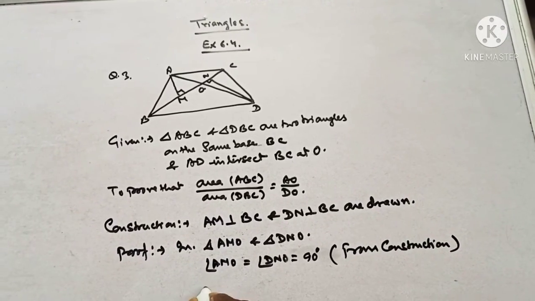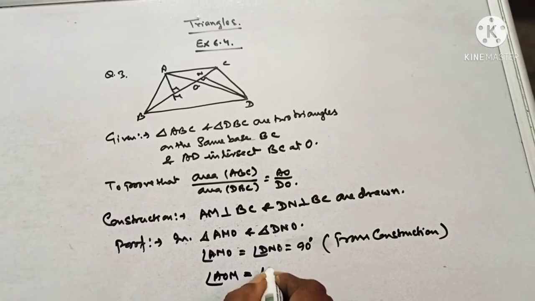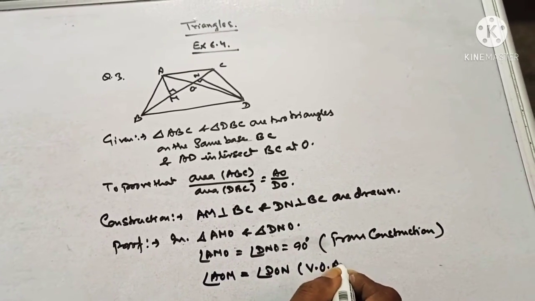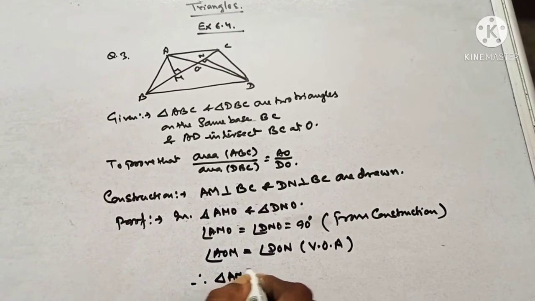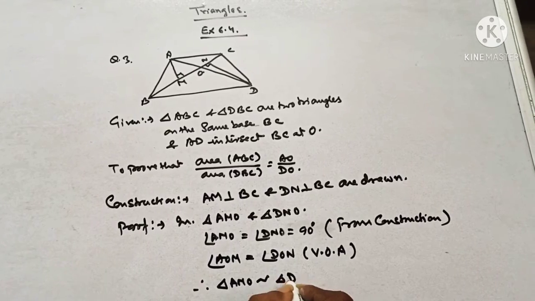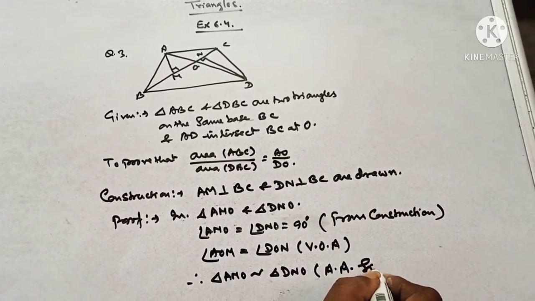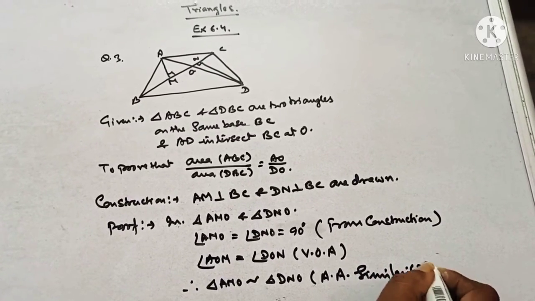So again, angle AOM is equal to angle DON, that is vertically opposite angles. So triangle AMO is similar to triangle DNO from the AAA similarity theorem.